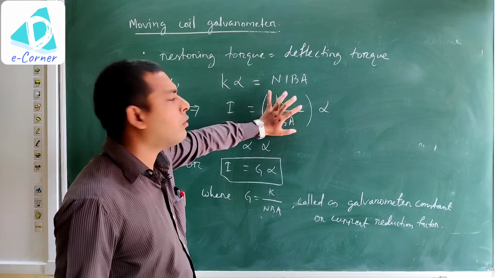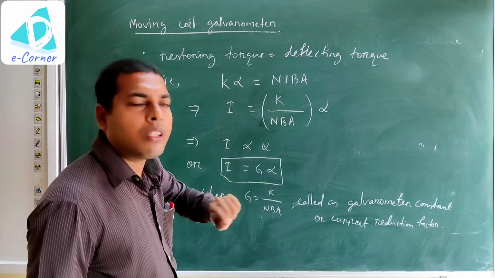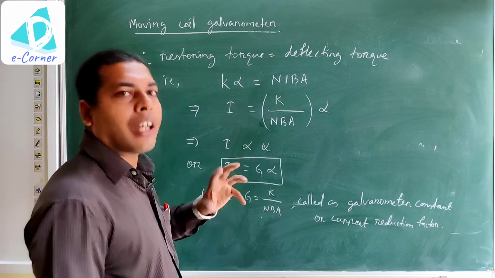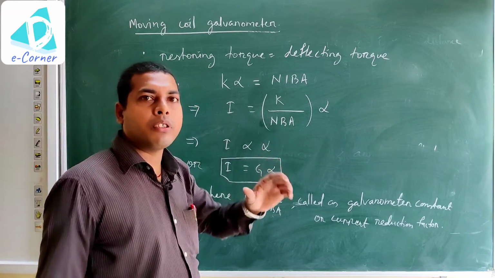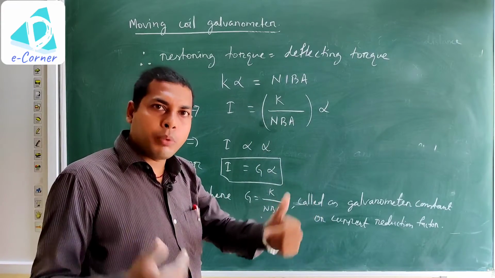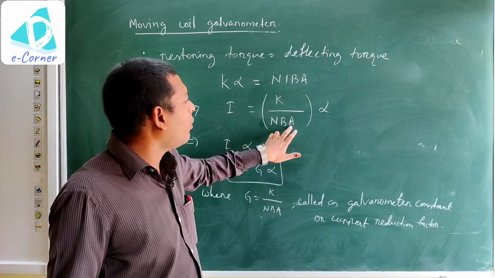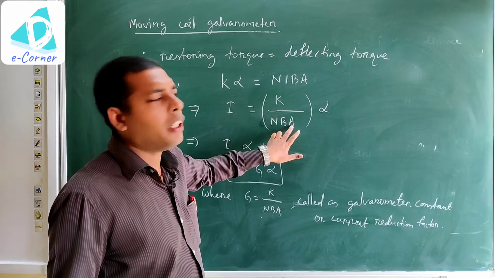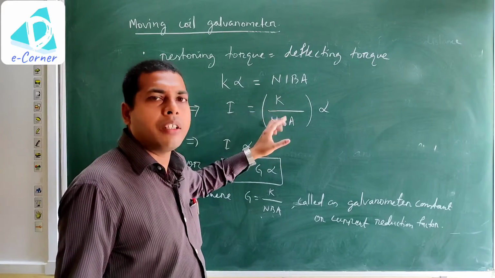This is our again constant because k is the constant, torsional constant, n is the number of turns which we cannot change after manufacturing the galvanometer. Magnetic field is produced by the permanent magnet which is placed inside the moving coil galvanometer. Again A is the area, so we cannot change this parameter very easily.